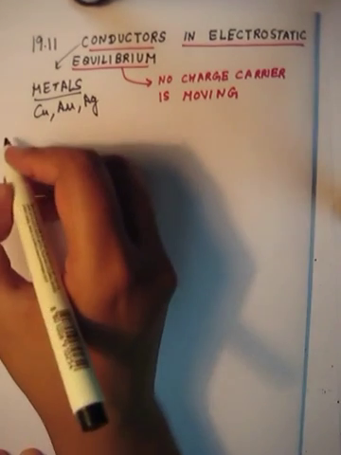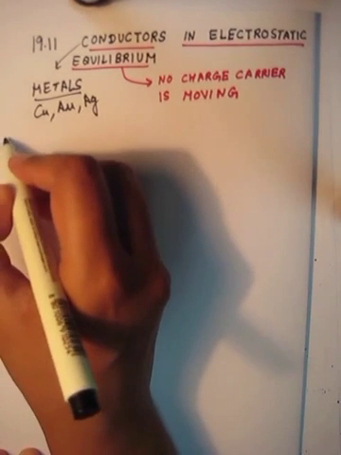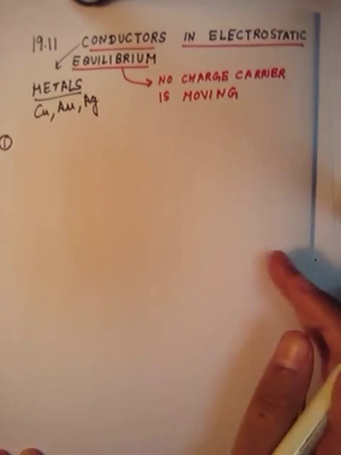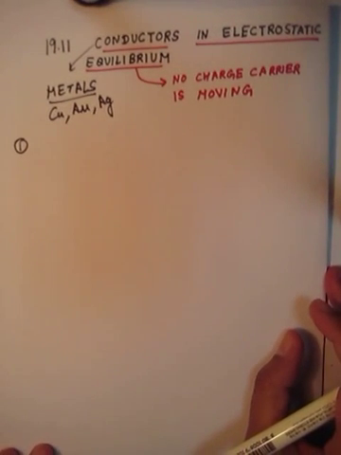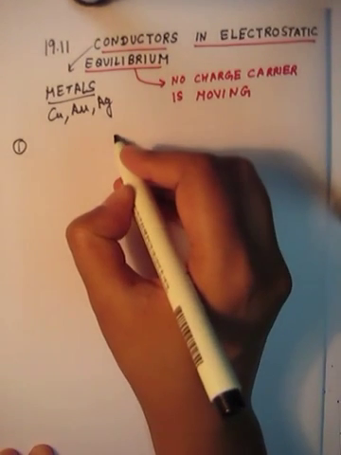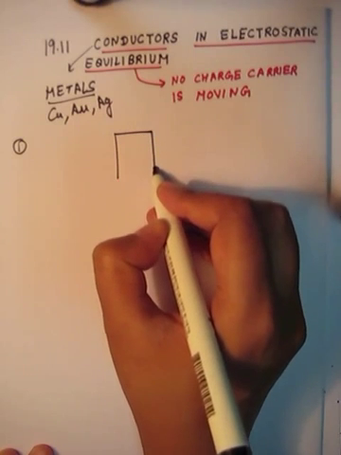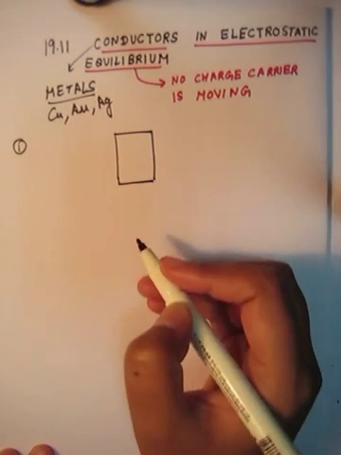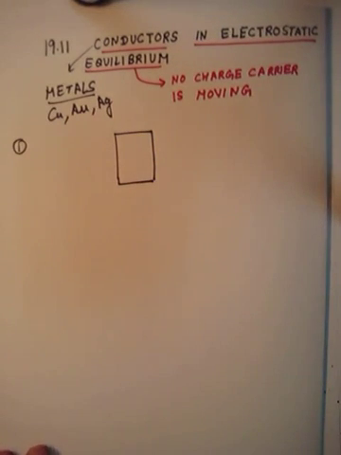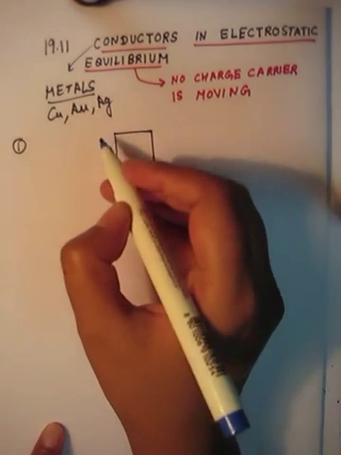Now let's try to understand a few properties of conductors in electrostatic equilibrium. So suppose that there is a conductor which is neutral and it is kept in an electric field.